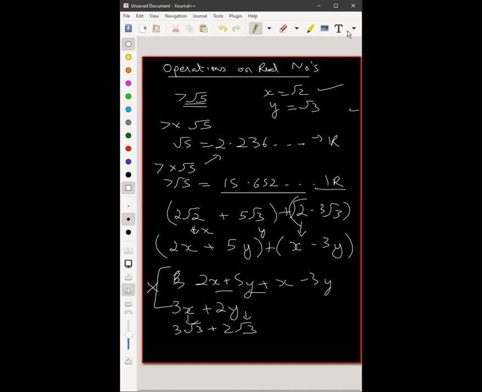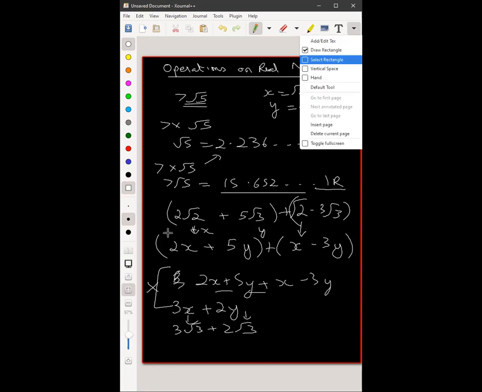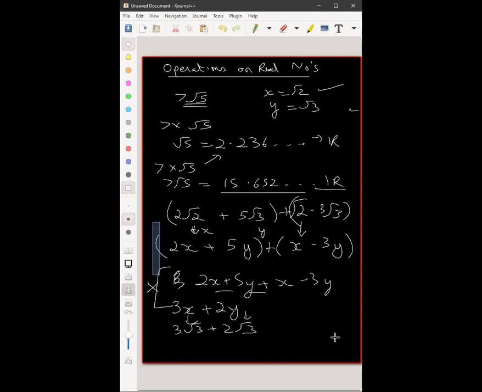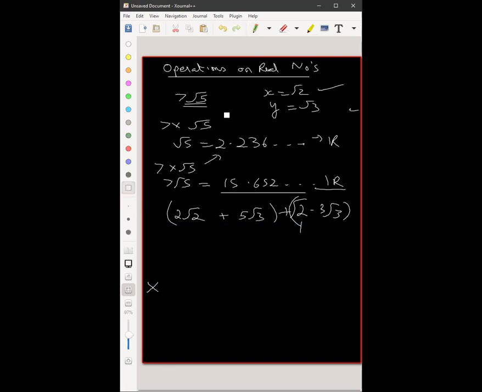Clear about this? So now let's do this one here. Just think of it as a root. It's not very confusing. When I want to add 2√2 plus 5√3 plus √2 minus 3√3, what will I do? I will do 2√2 plus √2 plus 5√3 minus 3√3.